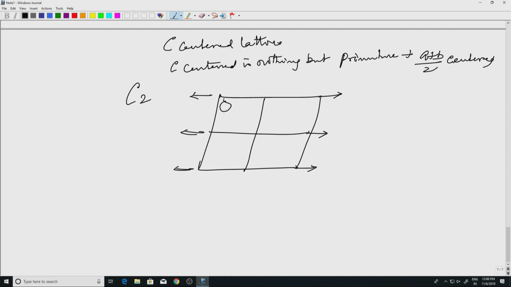So what we do here is the P2, same thing equivalent at the A plus B by 2. Equivalent origin to 0, 0, 0.